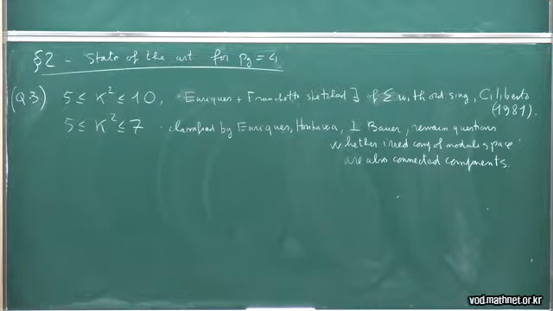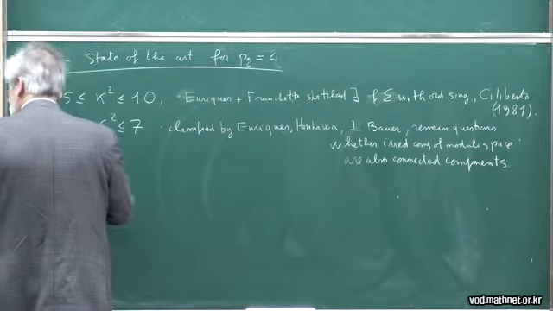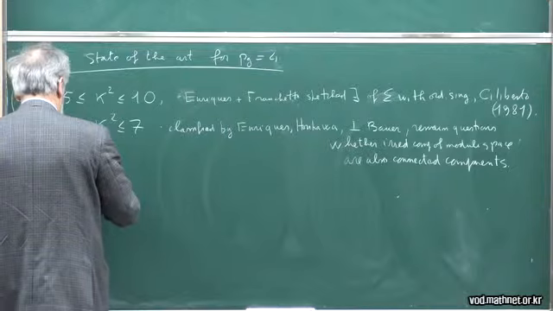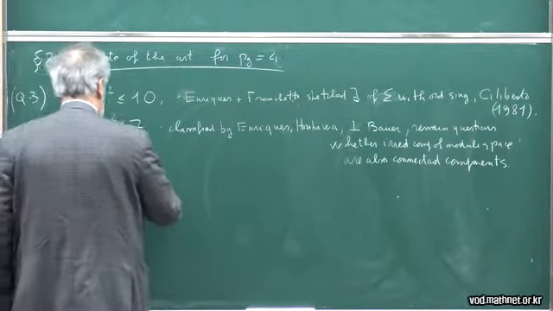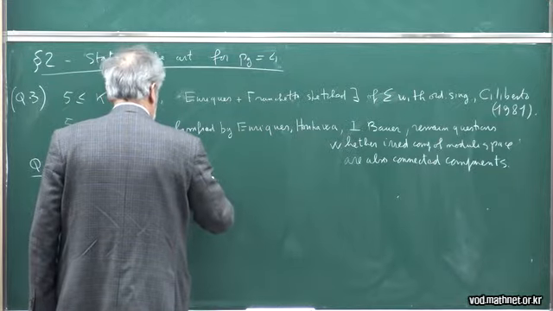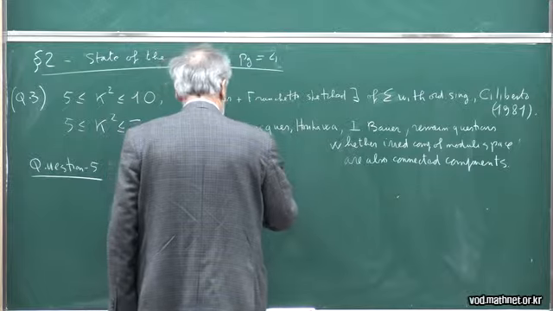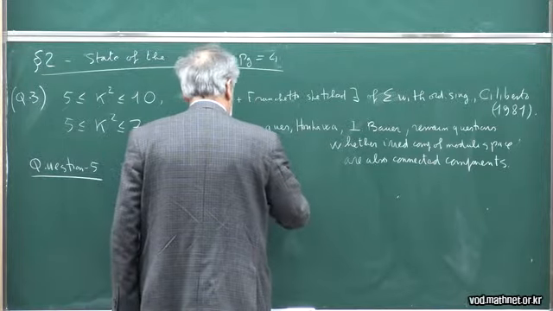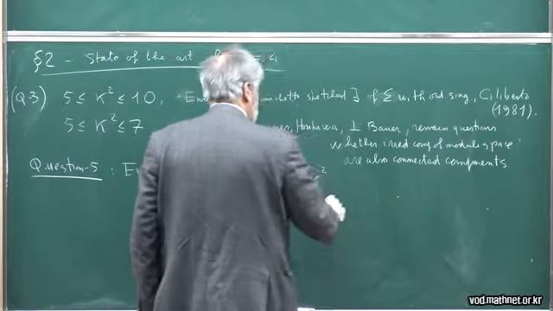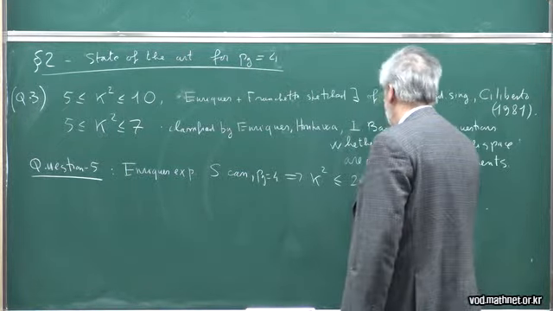Now let me go to question 5, which was posed by Enriques. Enriques expected that if S is canonical with PG equal 4, then K squared would be at most 24.